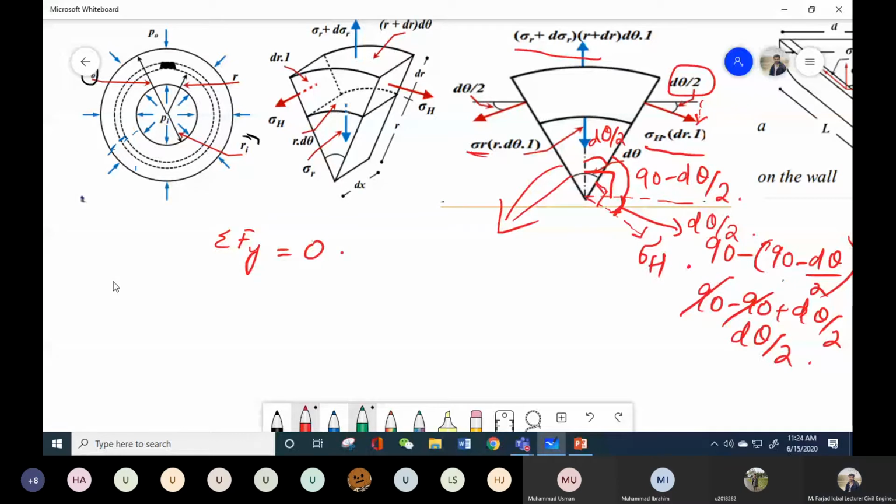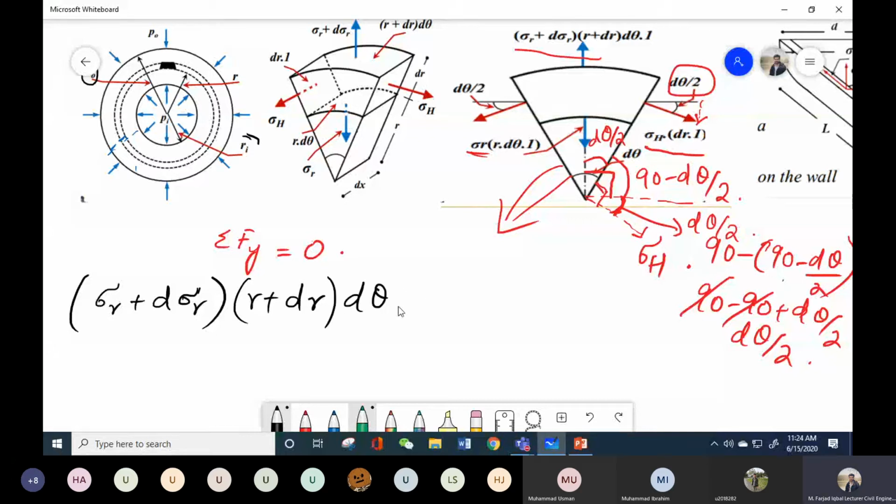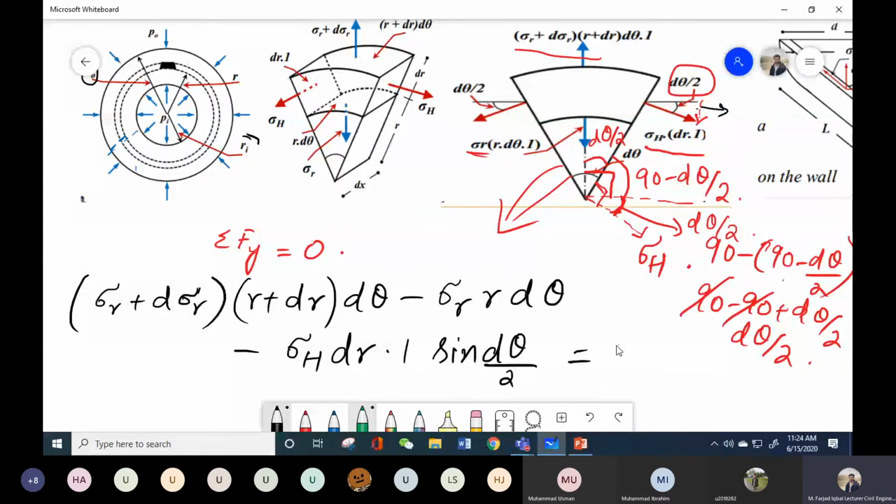sigma r plus d sigma r into r plus dr d theta minus sigma r into d theta, which is this downward force, and this component of hoop stress, that is minus sigma h dr dot 1 into sine of d theta by 2 equals 0.